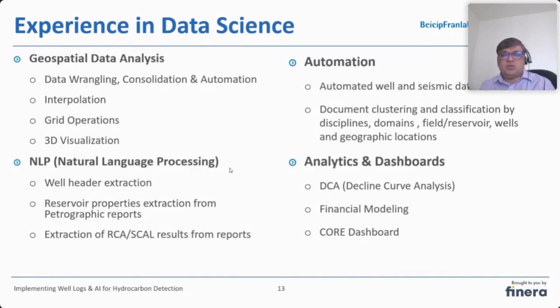Last but not least are our analytics and dashboard capabilities, where we do decline curve analysis using automated workflows, financial modeling at the field level, and dashboards that consolidate information across the organization to produce decision-making dashboards for management. So that's all about the use of AI for hydrocarbon detection and our experience.